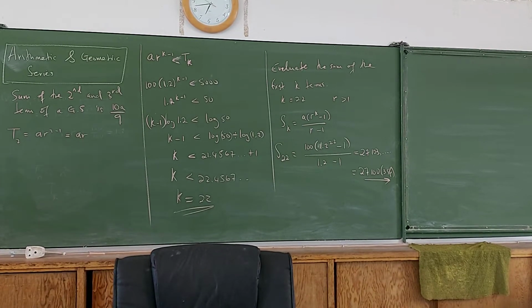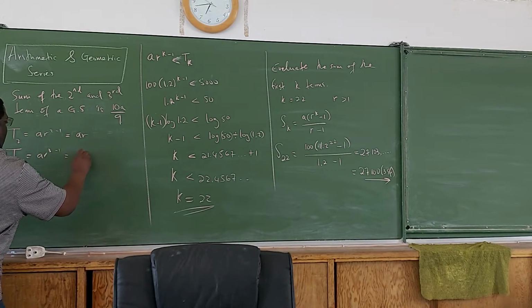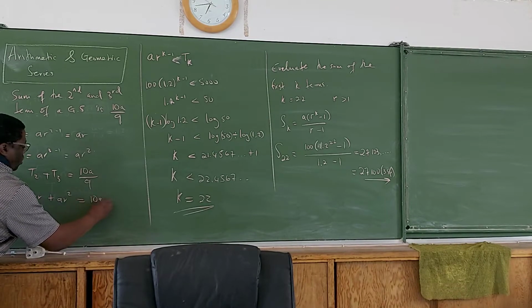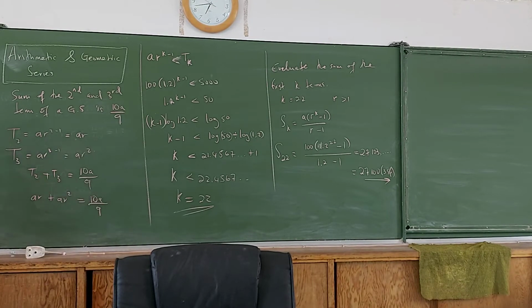You follow? And the third term is ar^(3-1), which is just ar squared. So term 2 plus term 3 should give you 10a over 9. So that means ar plus ar squared should give you, we got to that part yesterday, okay?